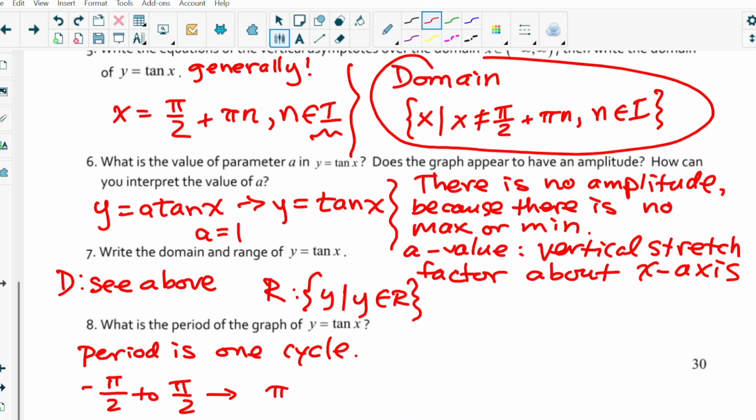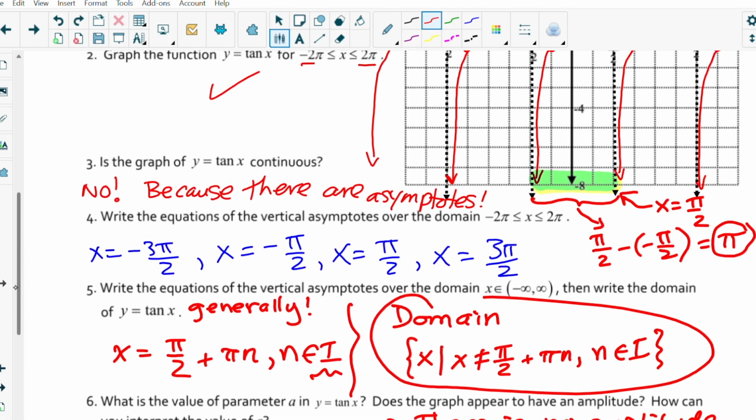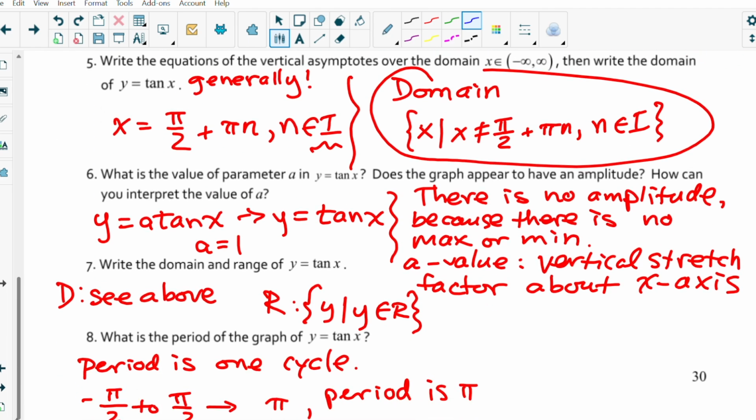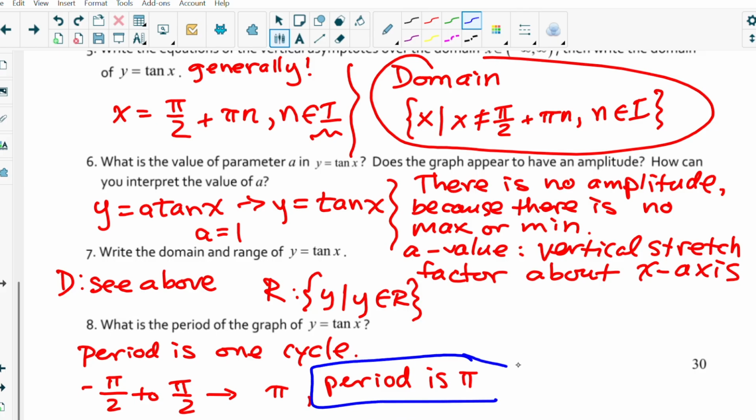Well, that is pi radians. So my period is pi. I can also think of it like this. I can start at 0, the x-intercept, and go to pi. That's also pi radians. So the period in either case is pi. Next page.